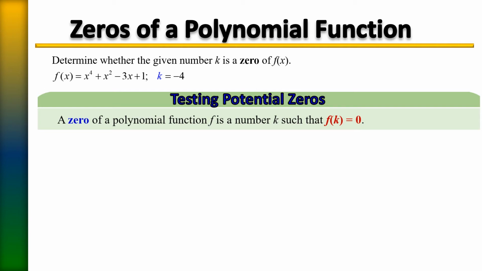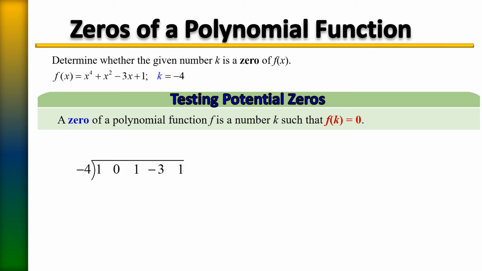The other method, which we're going to use, is synthetic division, which is also a very quick method. We're going to use the divisor of negative 4 and divide it into our given polynomial function.